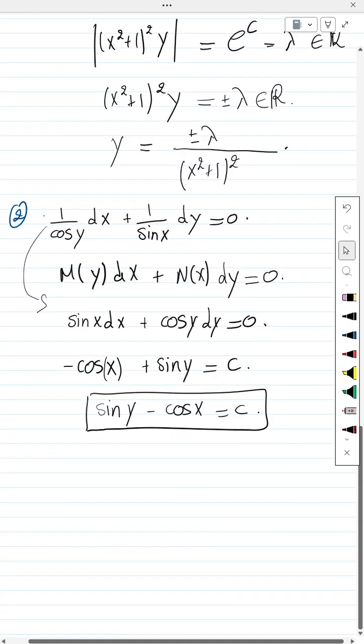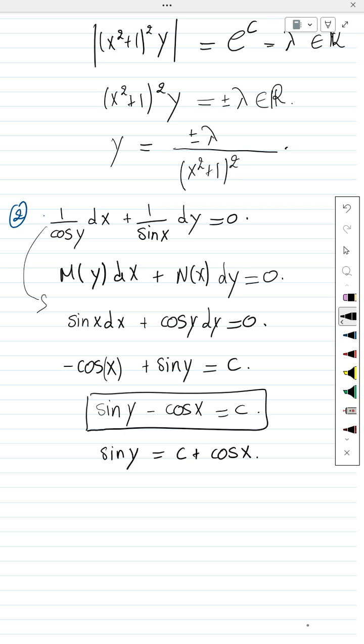It's not necessary to get y on one side and everything in another side. Sometimes we can do that, and sometimes we cannot. It's going to be c plus cosine x, and here we need to see the domain of y.